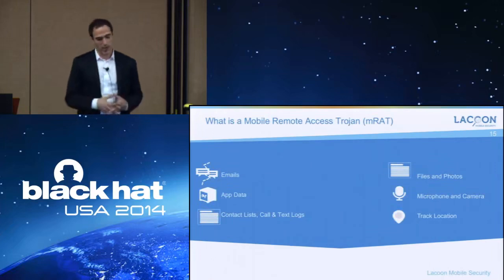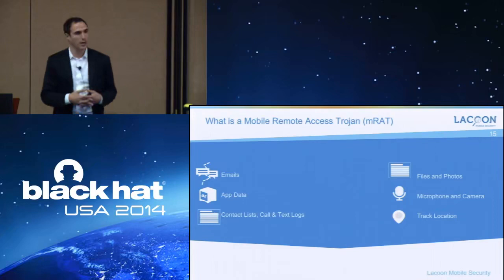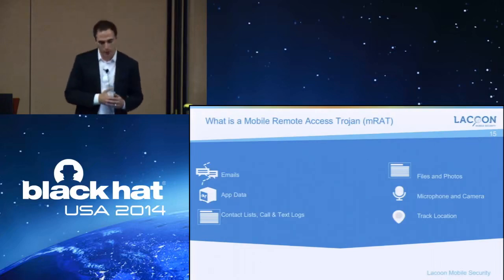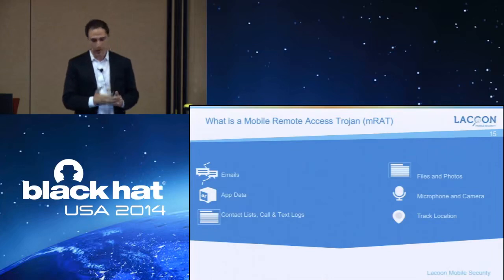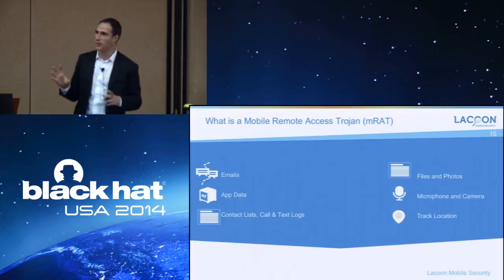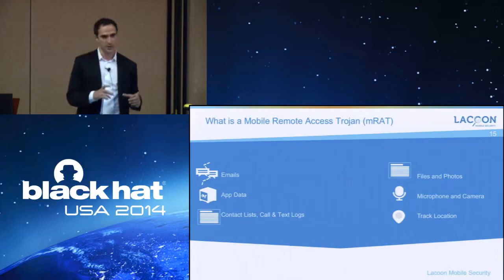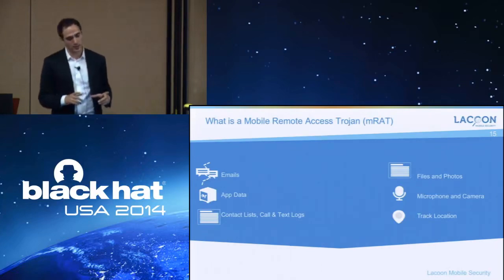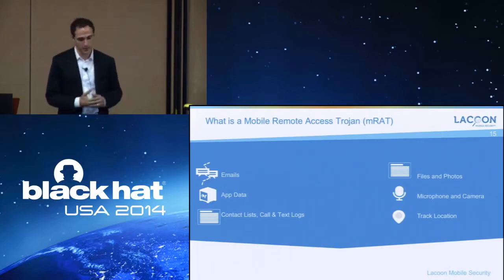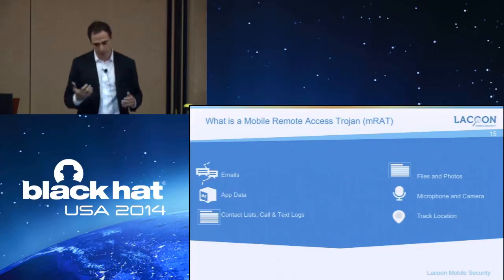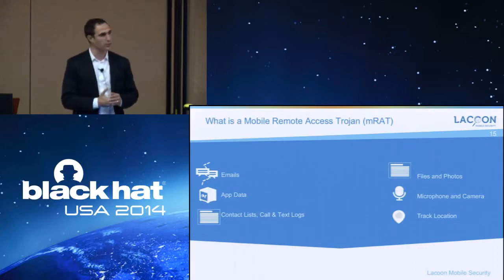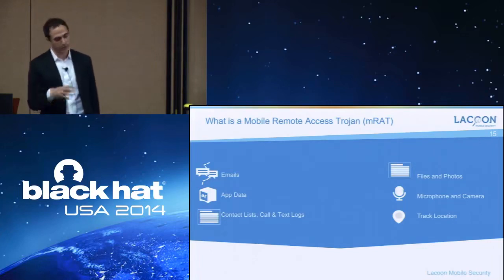A mobile remote access Trojan is a malware which is usually used for more targeted attacks. It is designed to infect usually all of the platforms, and once it is loaded on the device, it will try to grab email, application data, and a bunch of information which is not necessarily associated with enterprise data, like contact lists, text messages, files, photos, and also to provide remote access to the sensors, right?